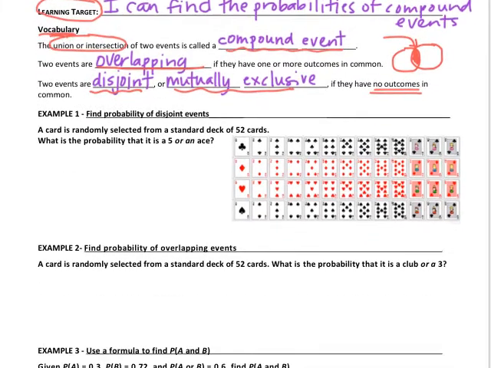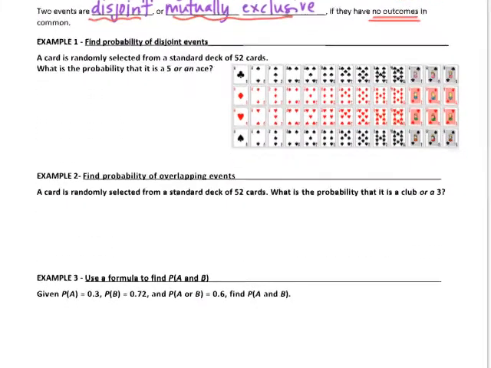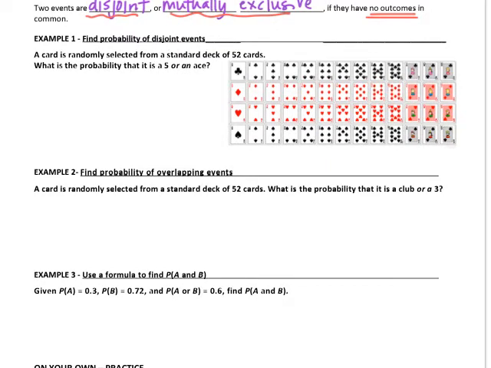And we have a picture of the 52 cards in a deck of playing cards. A card is randomly selected from a standard deck of 52 cards, and we need to find the probability that the card is a 5 or an ace. Notice that it's a disjoint event that we're trying to find.